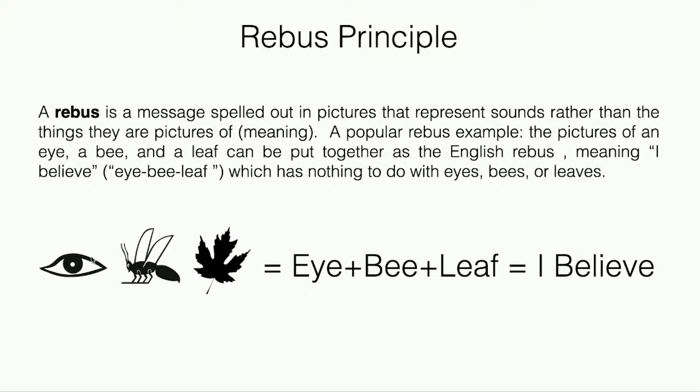So we can use these three pictures to convey a statement of "I believe," even though the act of someone believing has nothing to do with leaves falling off a tree, bees, or a human eye or an animal's eye. So it's completely divorced from what the pictures are, and it's only being used for their sound values.